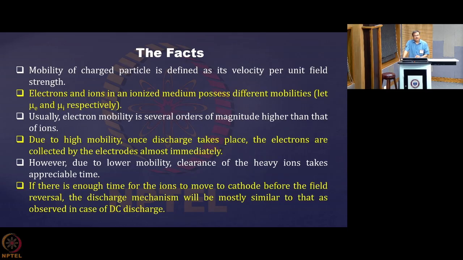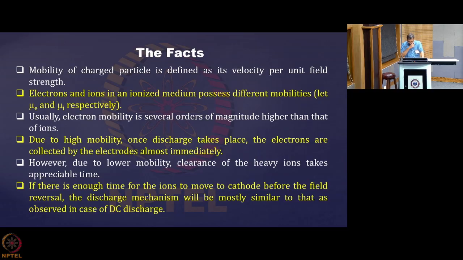So that is how, if you are going for the AC field, because of the accumulation of charge within the tube due to non-clearance of the charge in one cycle, the accumulation happens, and that affects the discharge mechanism through the addition or subtraction of the electric fields.